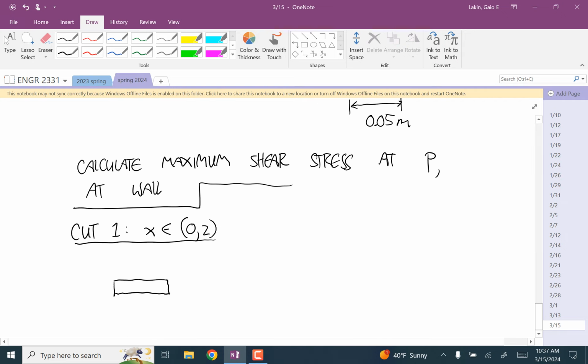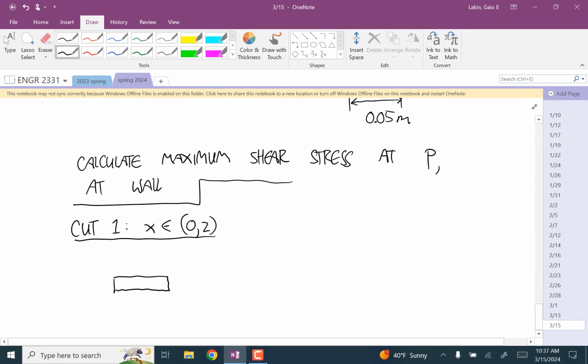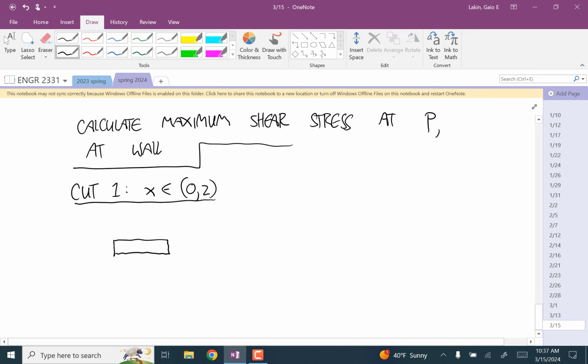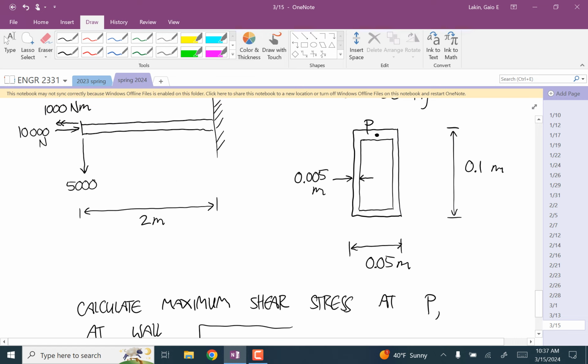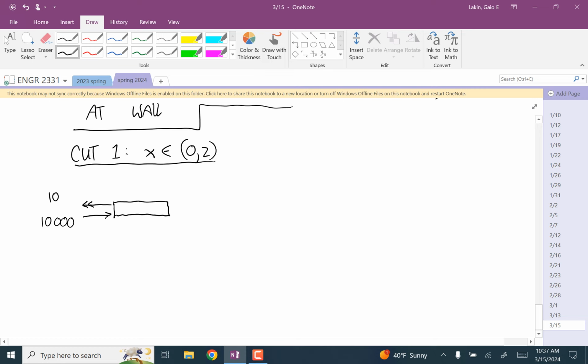I'm going to start out by writing out the distributed load for the mass. We have a 10,000 Newton force here, a 1,000 Newton meter couple, a 5,000 Newton force down, and a distributed load due to the weight.